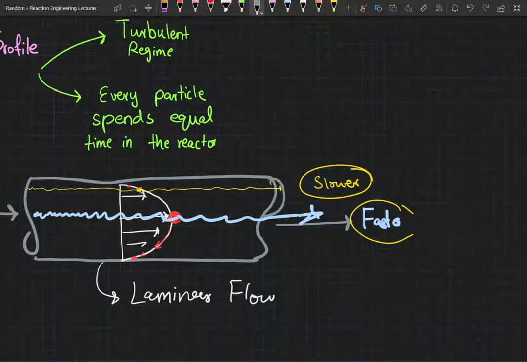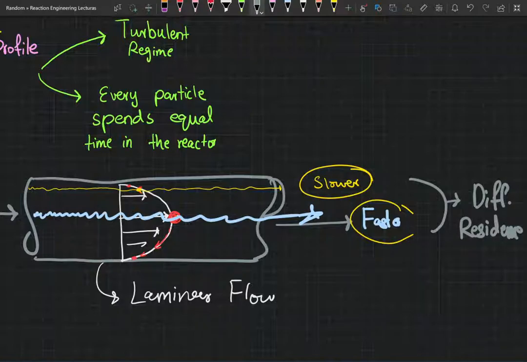You have a difference in residence times due to the velocity profile, and you don't want that. You want all of your particles to spend the same amount of time in your tube to get good conversion. It's not ideal if the particles at the center are faster, so they're not going to the same conversion, etc.